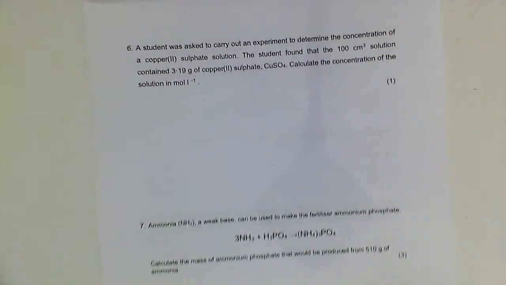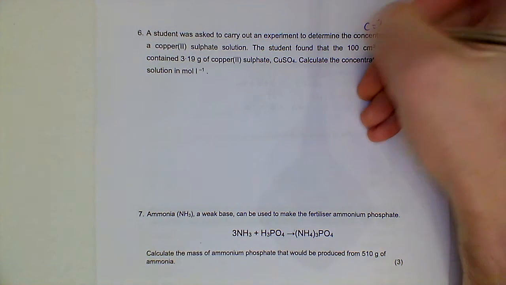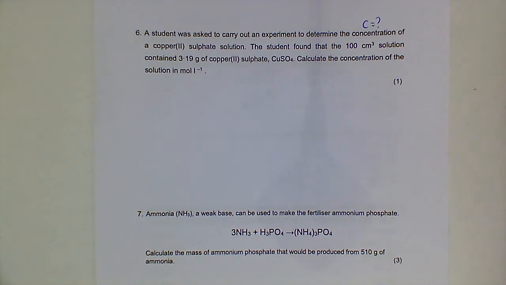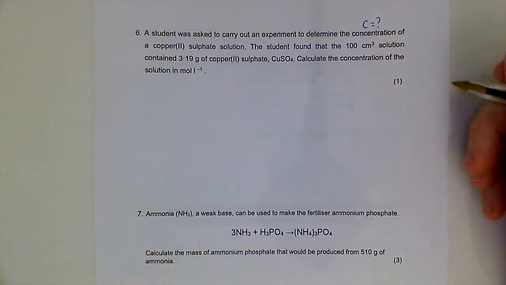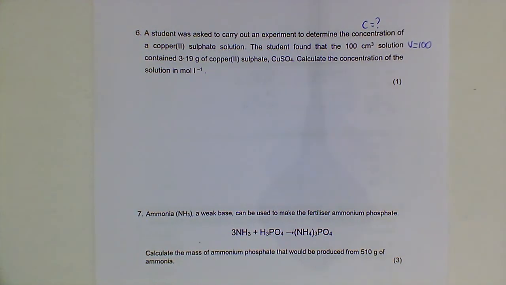So question 6 here. A student was asked to carry out an experiment to determine the concentration of a copper 2 sulfate solution. The student found that 100 centimetres cubed of solution contained 3.19 grams.